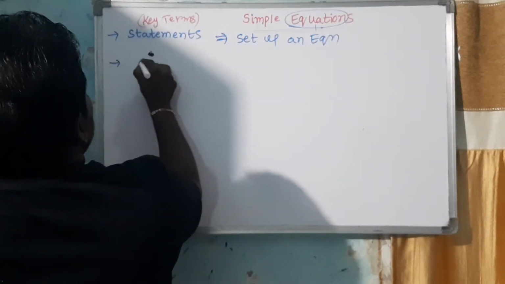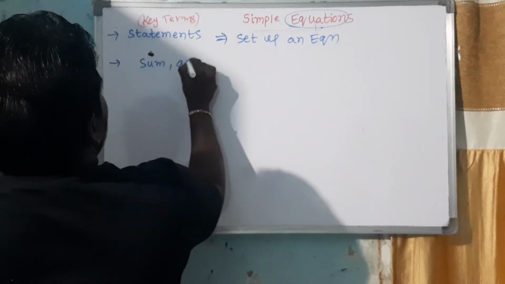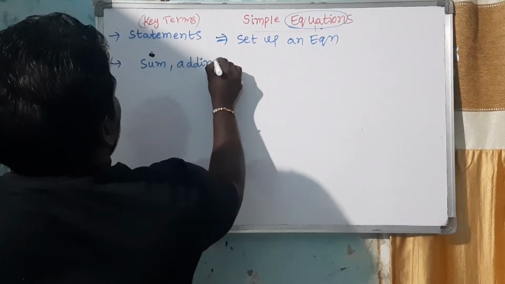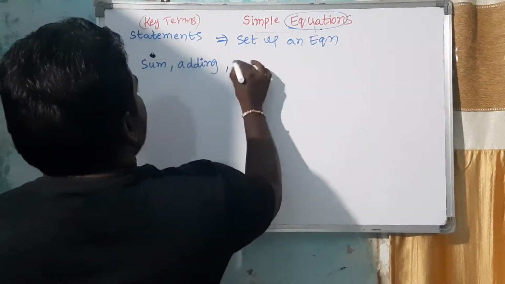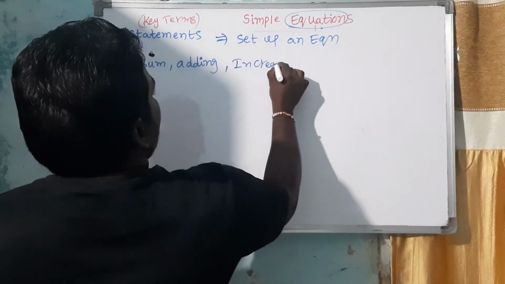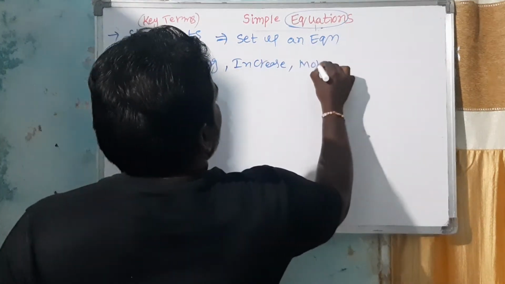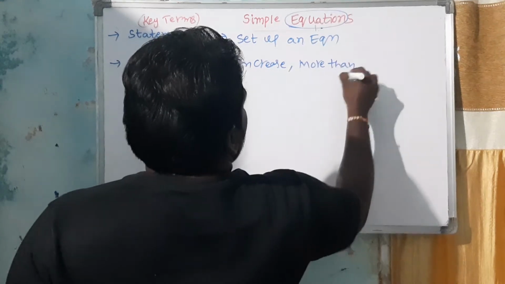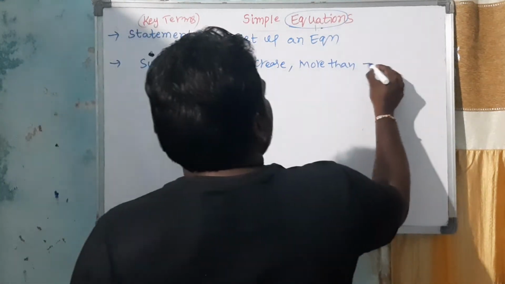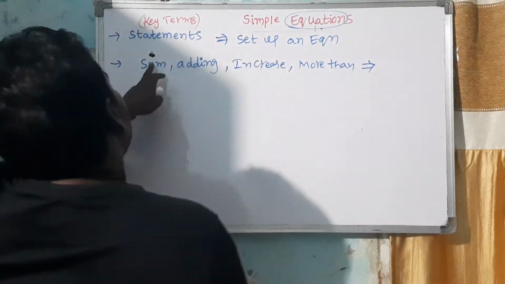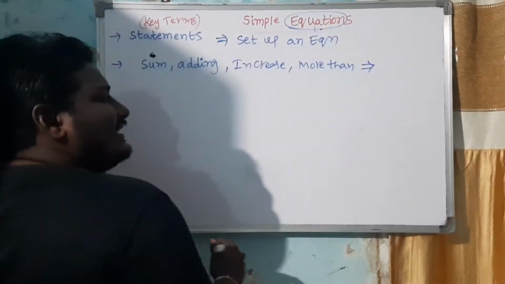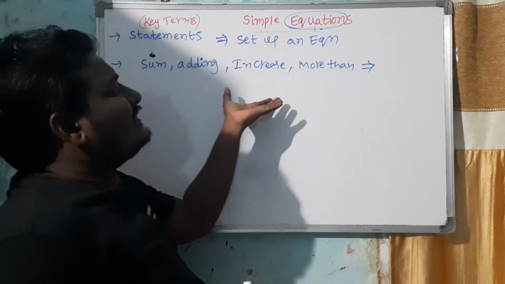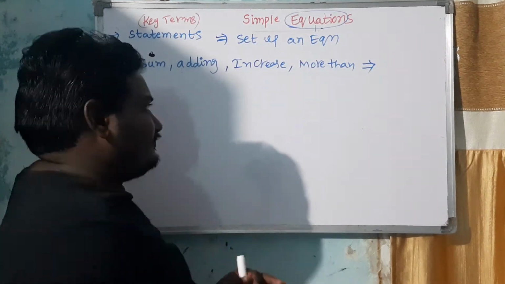Addition, adding of two numbers, sum, adding, increase, more than: these terms are there. The terms sum means plus, adding means plus, increasing means plus. x plus y. y is increased by 2 means y plus 2.